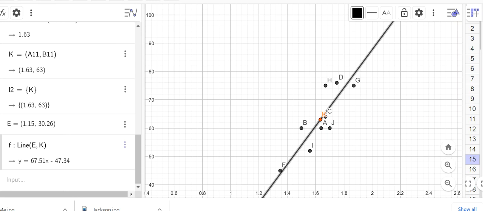We don't have to do any working out, we've got it in this form, but you can put it in the other form if you wish. So can you write that down for me? y equals 67.51x minus 47.34. You write it down and I can swap my screen, and then I can write it down and you can tell me what it is. 67.51x minus 47.34.